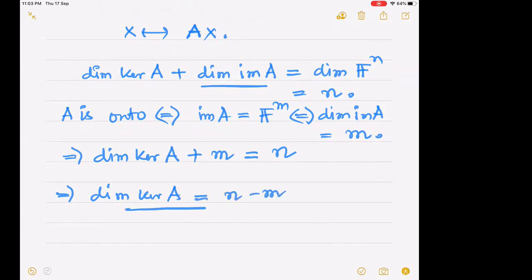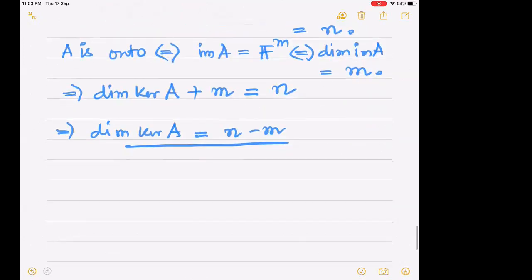In fact, we don't even have to do all this. It immediately follows from the fact that row rank. Okay, let me first finish, then I'll give this other way of understanding this.